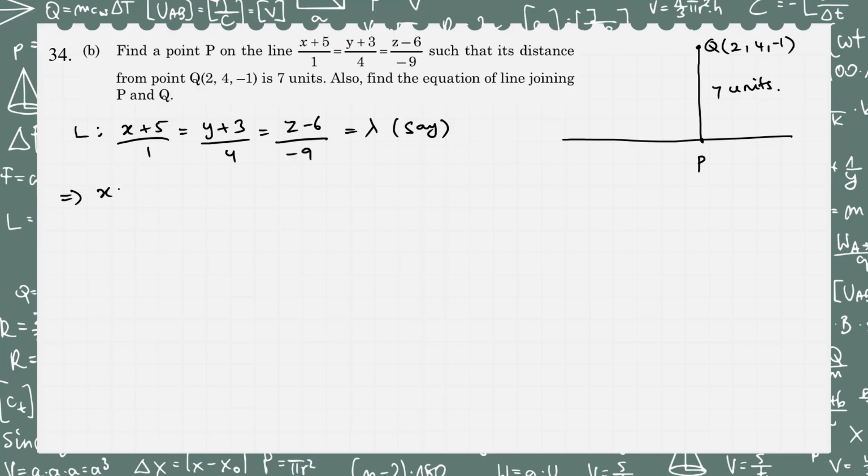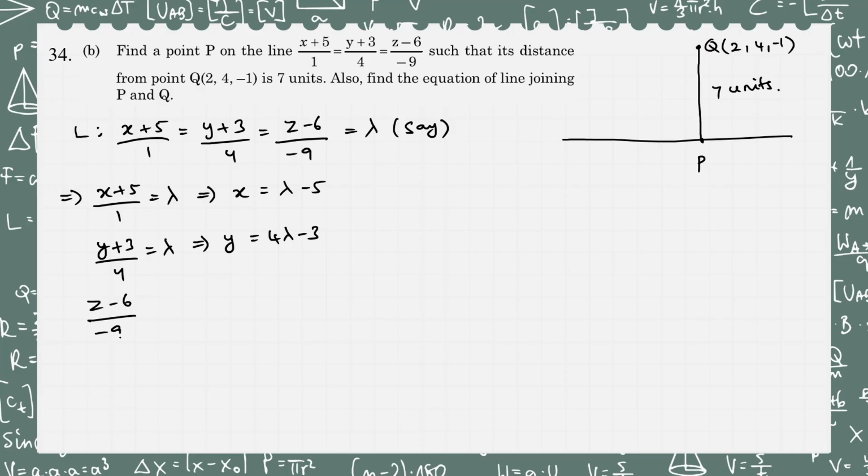That implies x+5 = lambda, x = lambda - 5. And (y+3)/4 = lambda, that implies y+3 = 4 lambda, y = 4 lambda - 3. And (z-6)/(-9) = lambda, that implies z-6 = -9 lambda, z = -9 lambda + 6, or we can write this as 6 - 9 lambda.